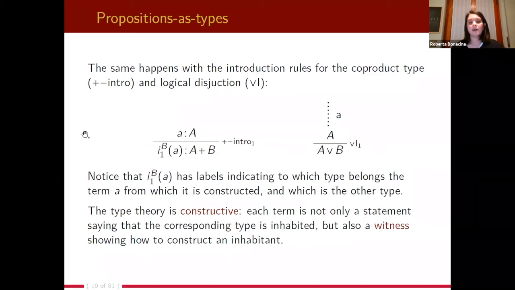So each term is not only a statement which says that the type is inhabited, and so that the proposition is provable, but it's also a witness which shows how to construct this inhabitant. So if we have a canonical term of this coproduct type, we also know how to construct it and from which type it has been constructed.